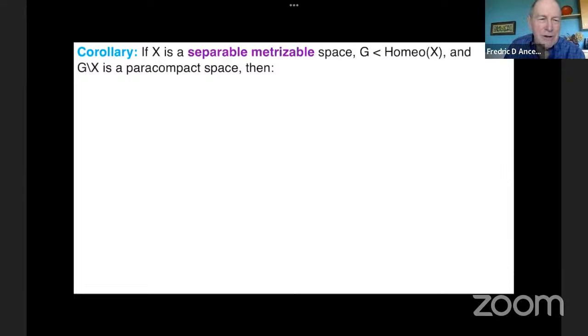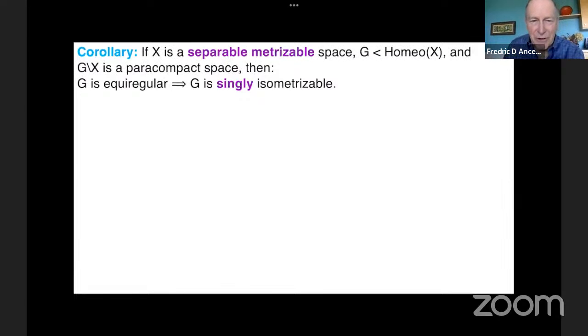And so here's what I know: if the underlying space is separable metrizable, and I have these other hypotheses, then the equiregularity condition gives me singly isometrizable.